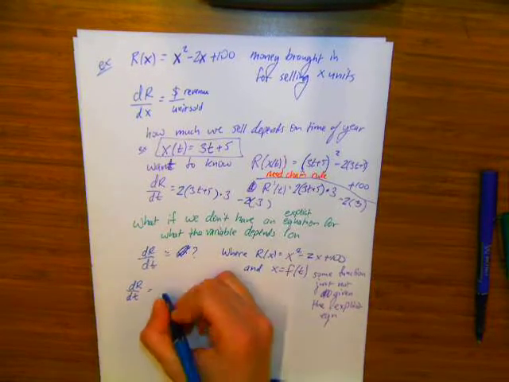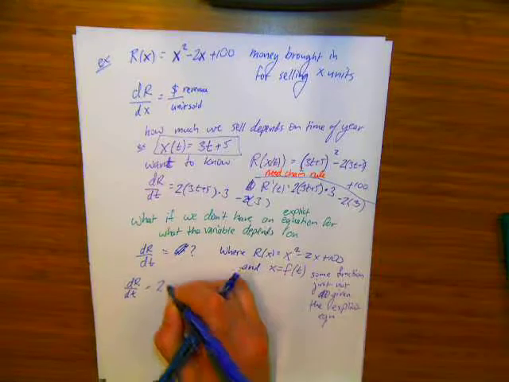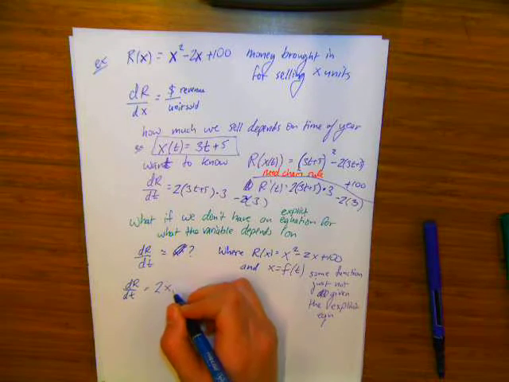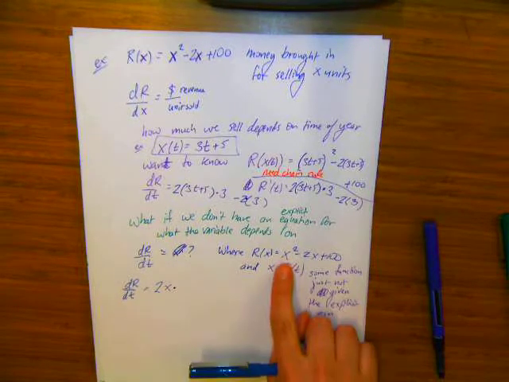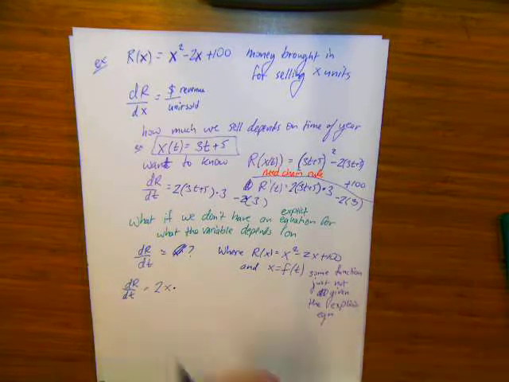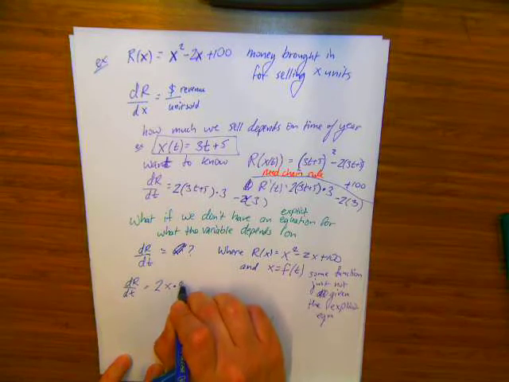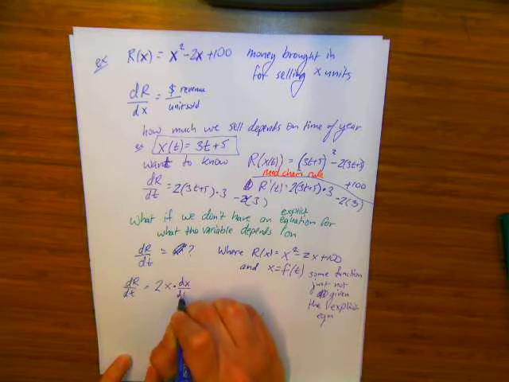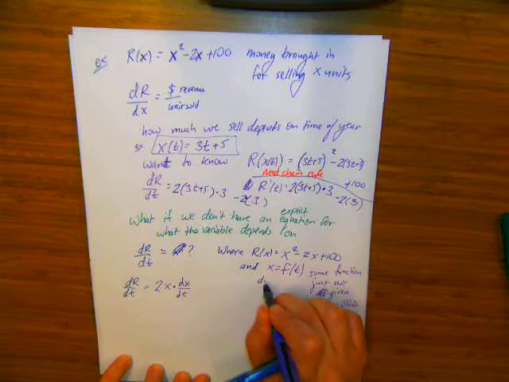The chain rule says, this is some function, I don't know what it is. I'll do the derivative like I normally would. I have a 2x with an exponent 1. But then chain rule says you have to tack on what? The derivative of the inside, right? I don't know what that derivative is, but I know that it has to go here. That's where the chain rule puts the derivative of x.